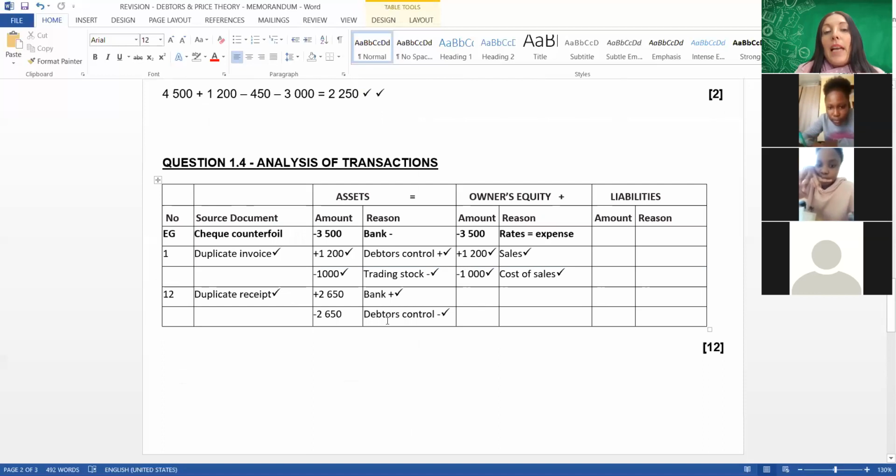Okay, now remember what happened here is the debtor is paying back some of the debt. He's settling his account or paying part of his account. So now it means his debt is less. He now, after this transaction, owes us less. So that's why debtors control decreases. Okay, thank you, ma'am. Does that make sense? Yes, it does, ma'am.